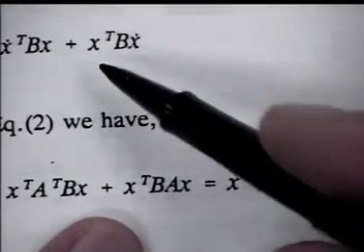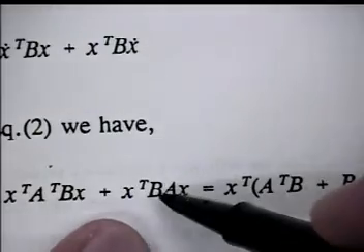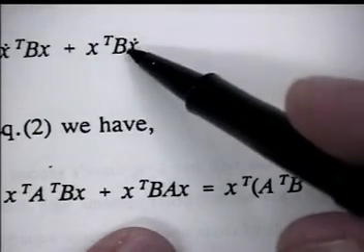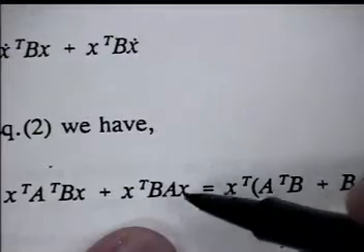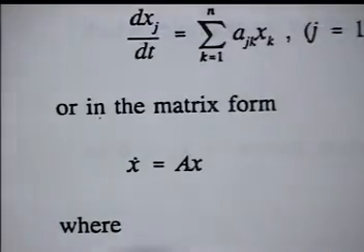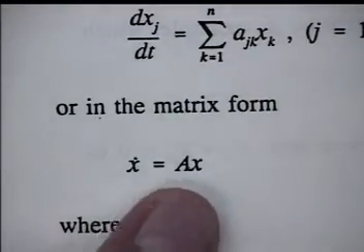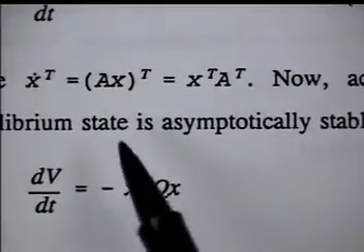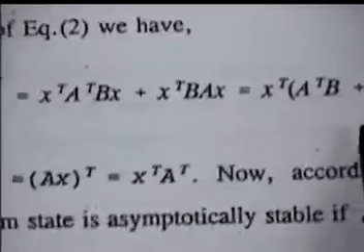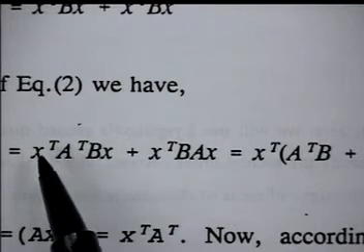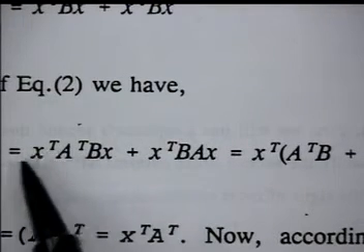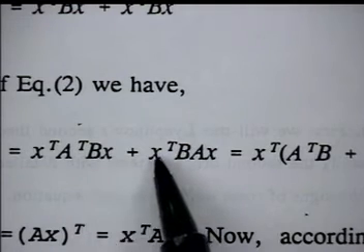Then plus x transpose B, and then x dot equals Ax, because the differential equation says x dot equals Ax. So that is this governing differential equation. Now here I can see that x transpose can be taken out, because here is x transpose and here is x transpose.